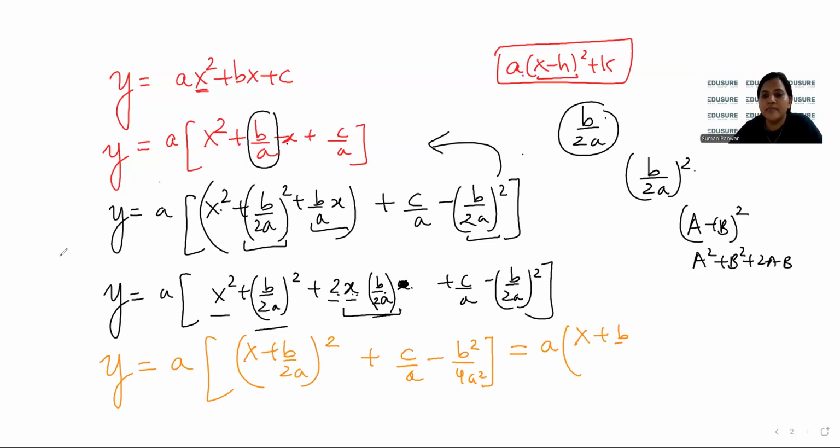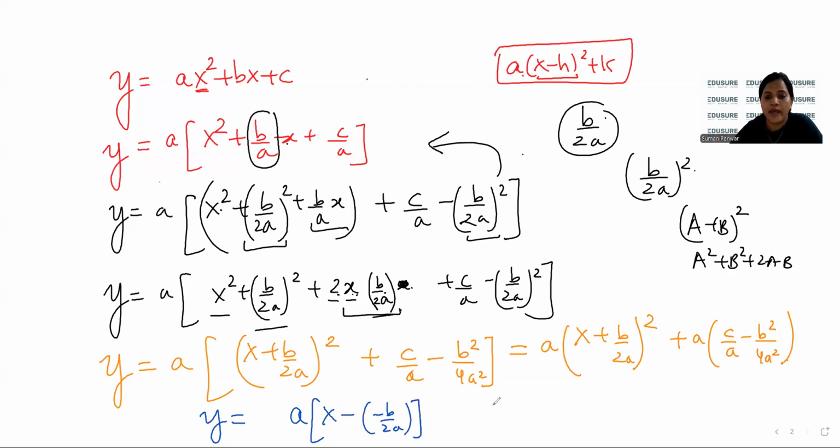x plus b by 2a whole square plus (4ac minus b square) by 4a square. So if I convert this into the standard form, this should look like y equals a times (x plus b by 2a) whole square plus (4ac minus b square) divided by 4a.